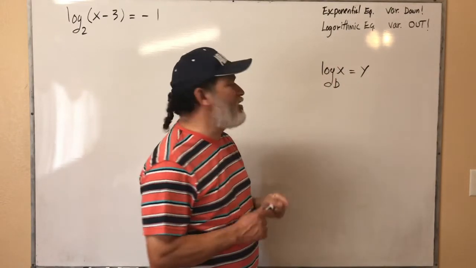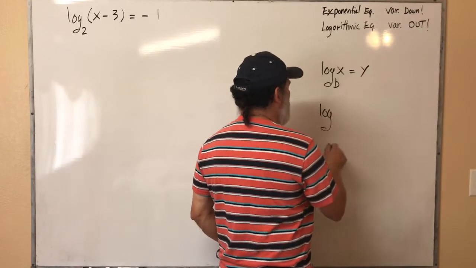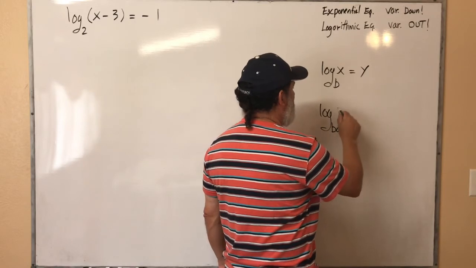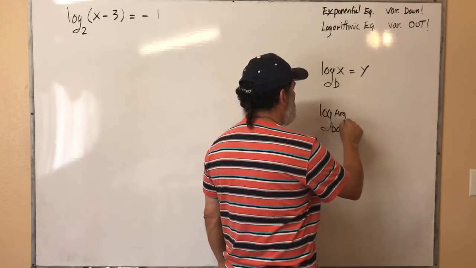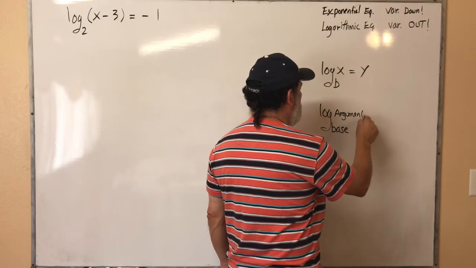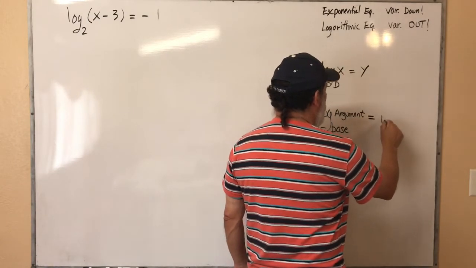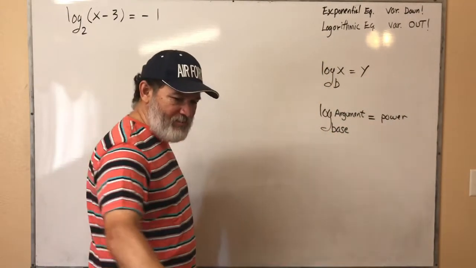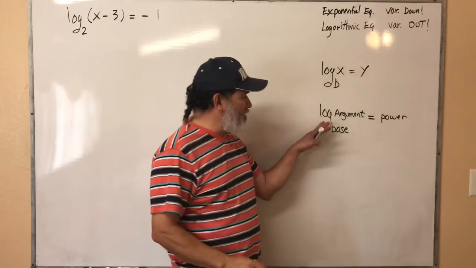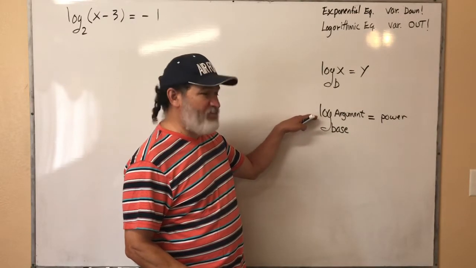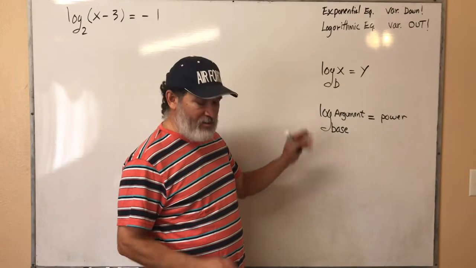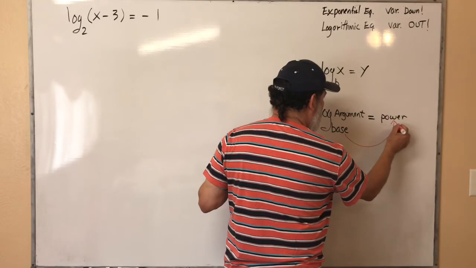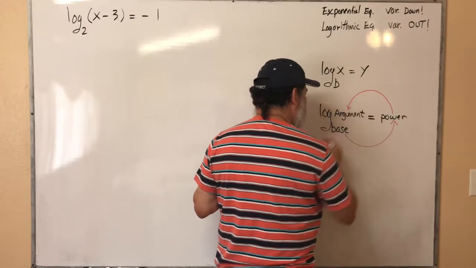Let's write that down. Log, I'm going to write here base, here argument, equals, and here power. If you want to make this logarithmic expression exponential, this base to this power equals the argument.